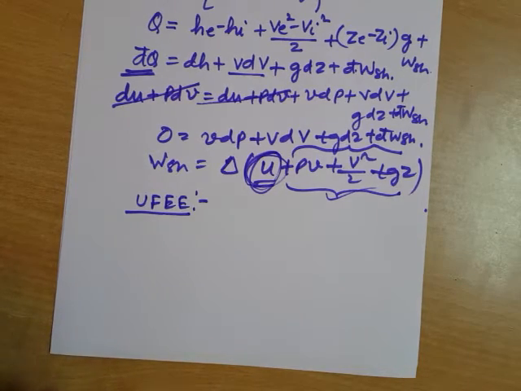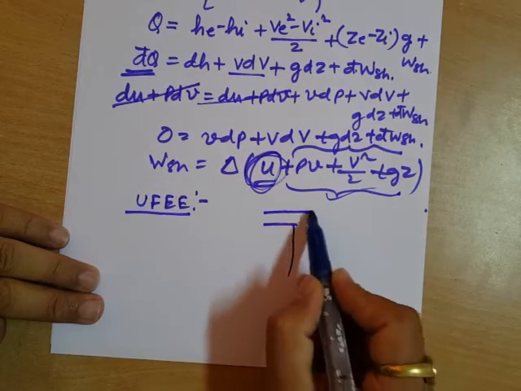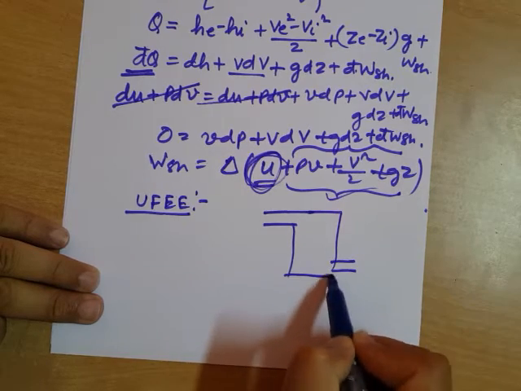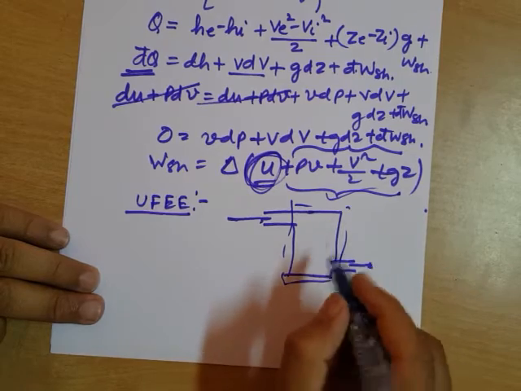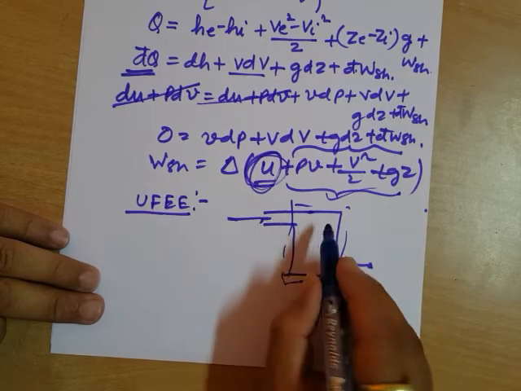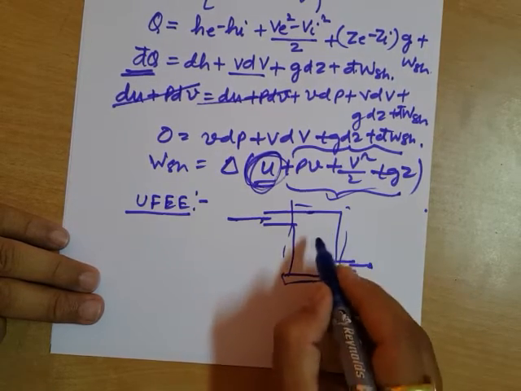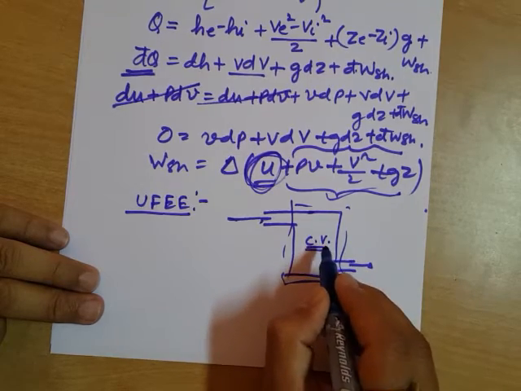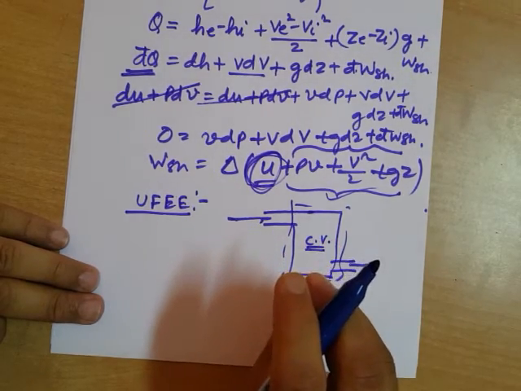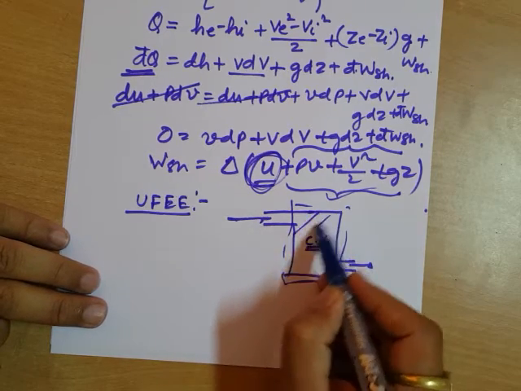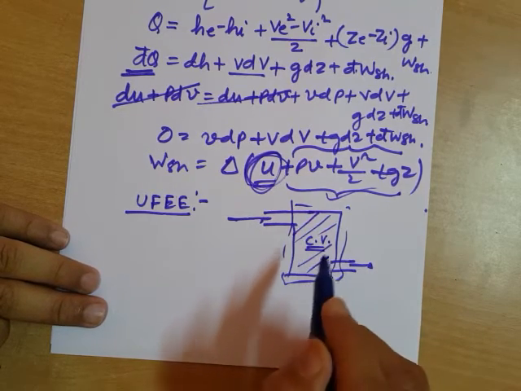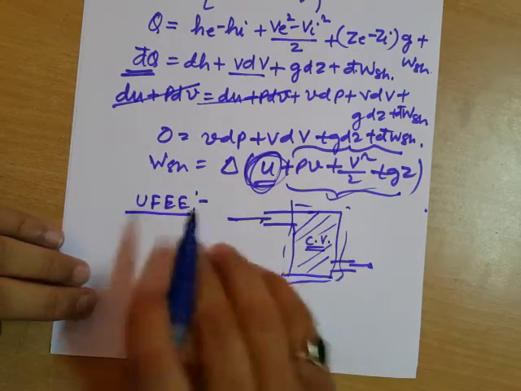So if I am talking of this control volume, where some fluid is coming in and some fluid is leaving, then as the process is unsteady, this control volume can store mass or release mass. That means the mass in this control volume will never be constant for an unsteady case.